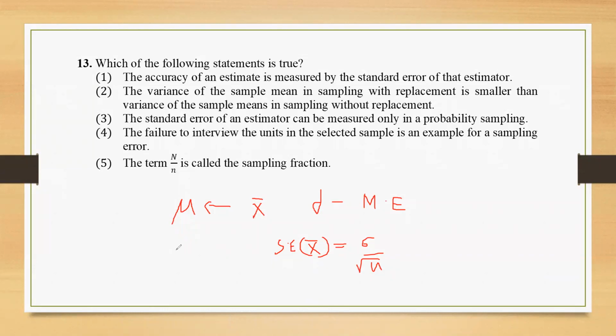Precision means the difference between your estimate and the expected value of your estimate: x bar minus expected value of x bar. So that is the idea of precision.